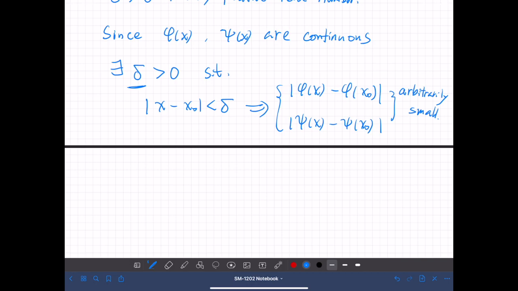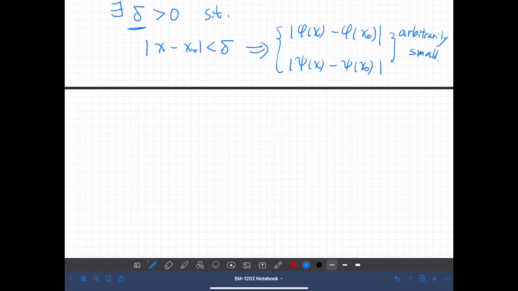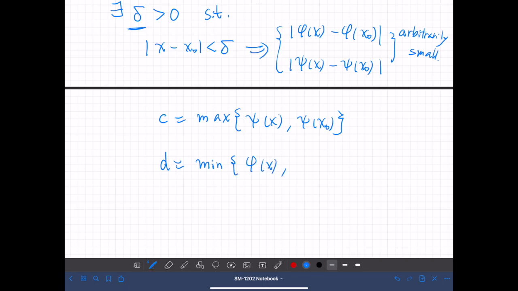Now let's define two constants, c as the max of psi of x and psi of x0, and d as the minimum of phi of x and phi of x0.